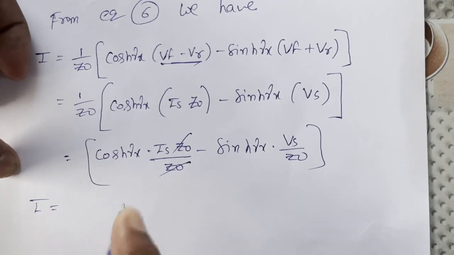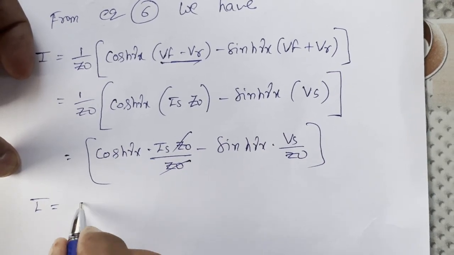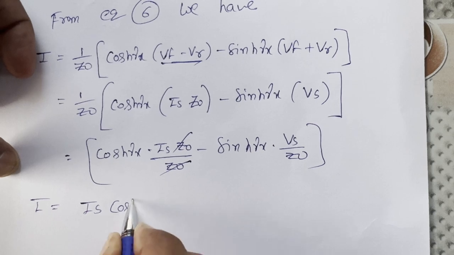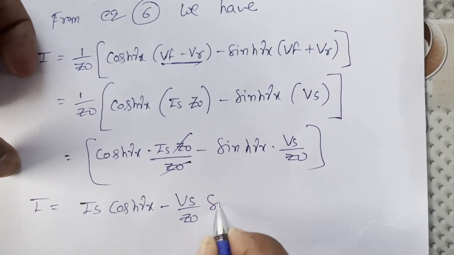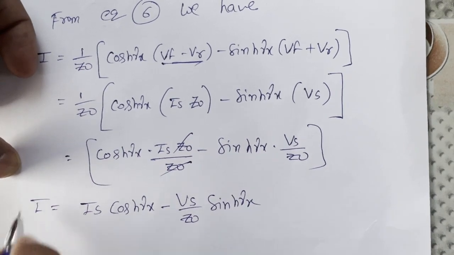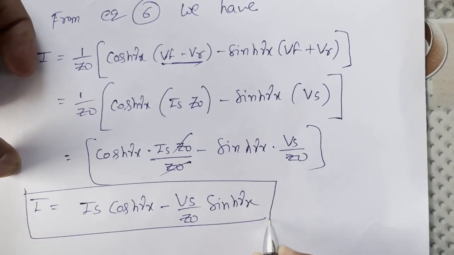Then I equal to Is cosh gamma x minus Vs by Z0 sinh gamma x. It is the other solution.